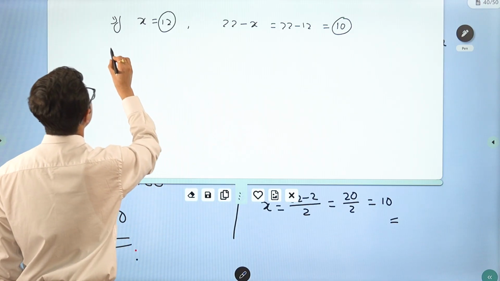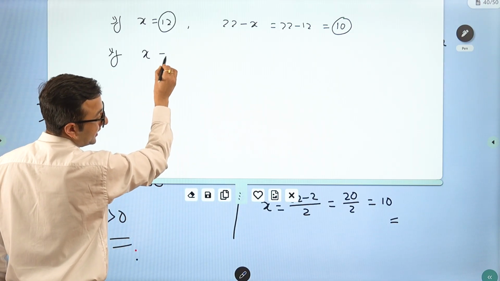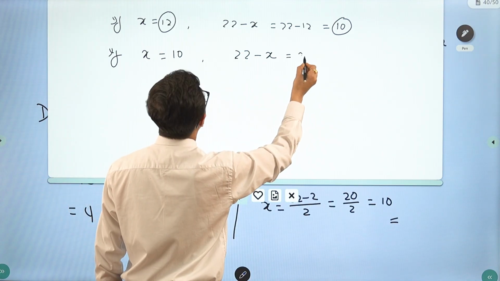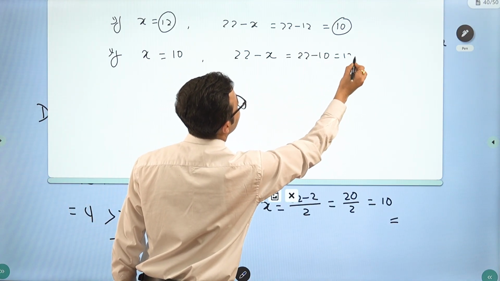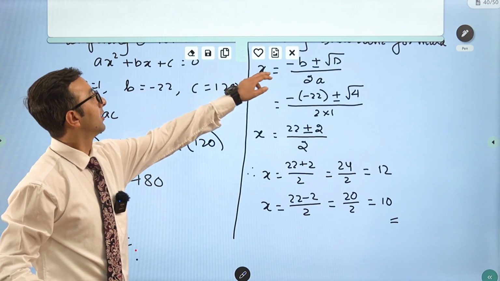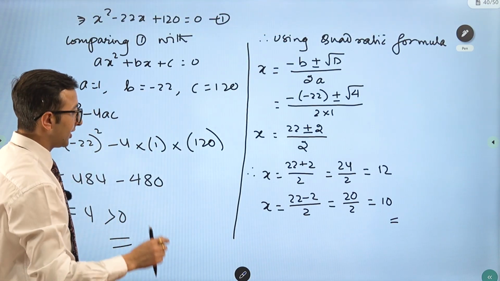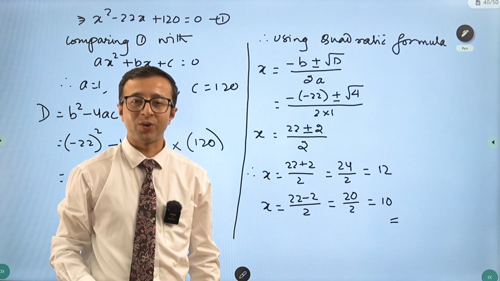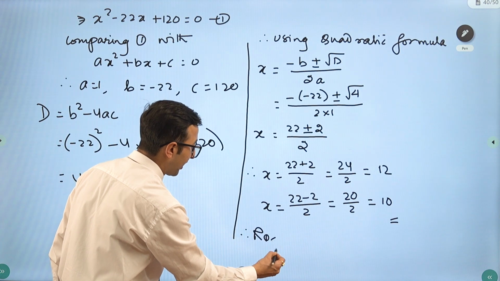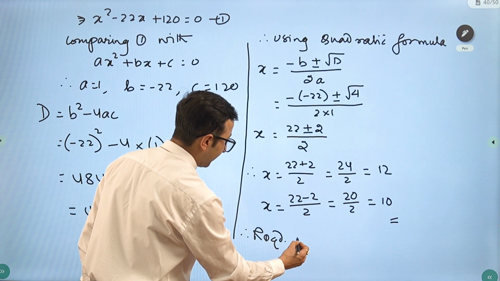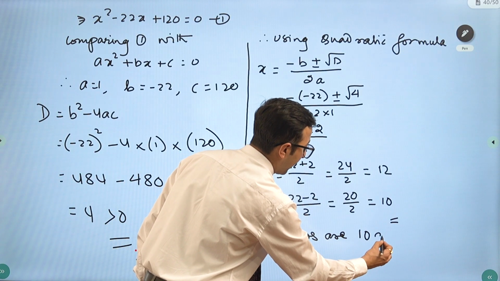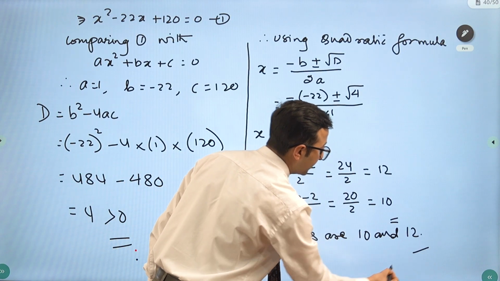And the other, if you use x is equal to 10, then the other number, 22 minus x, will be 22 minus 10, which gives us 12. So ultimately the two positive integers whose sum is 22 and product is 120 are 12 and 10. Therefore, at last you have to write: required numbers are 10 and 12. So this is the solution.